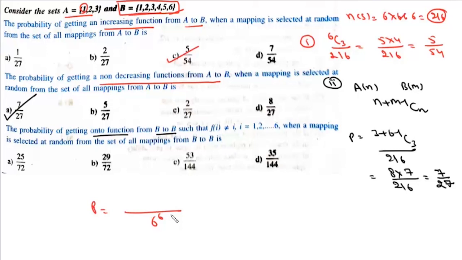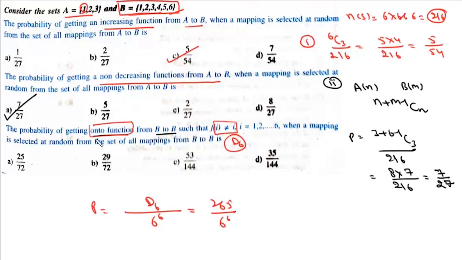We have to find all the mappings in which the function is onto and f(i) is unequal to i. So basically this is nothing but a derangement of 6 objects, so it will be D6. Now D6 is 265. So it will be 265 upon 6 to the power 6, which actually doesn't match with any of the options.